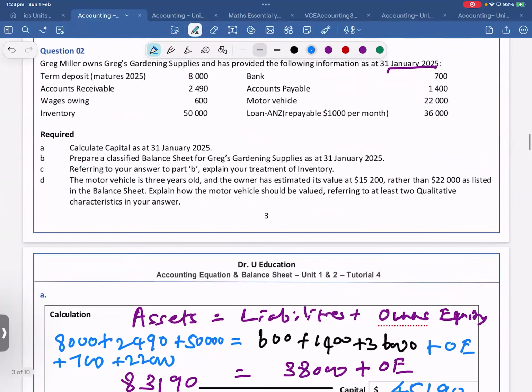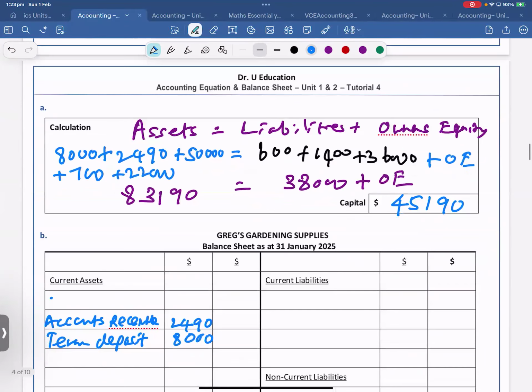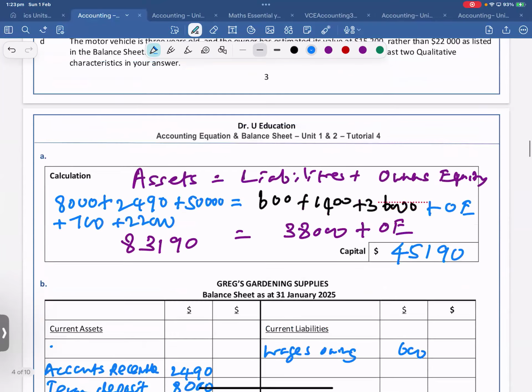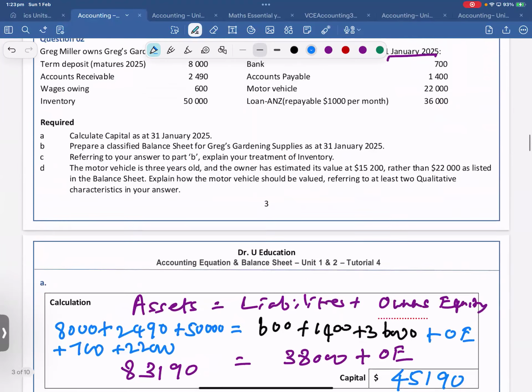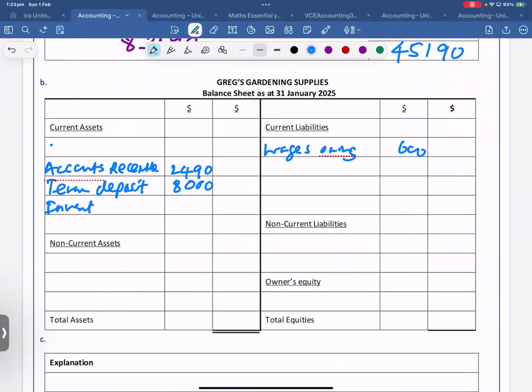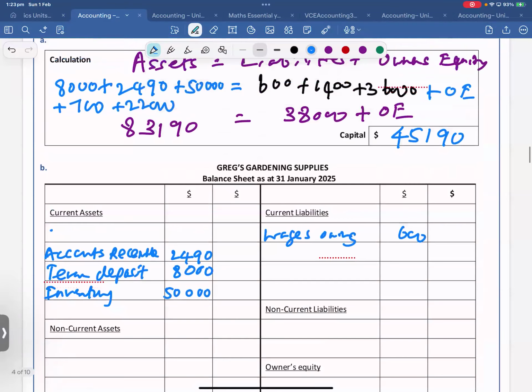Then wages owing here, 600. And then inventory 50,000.